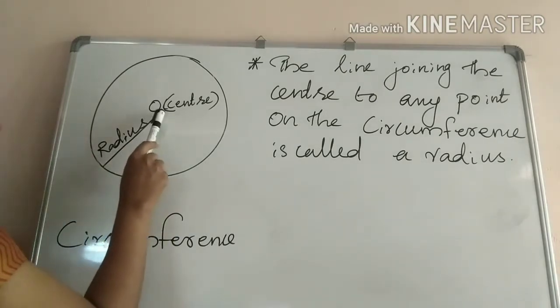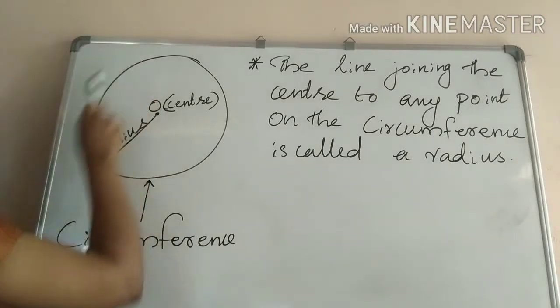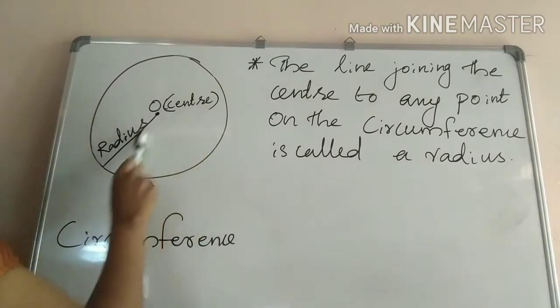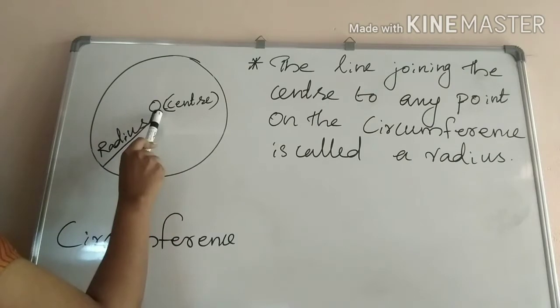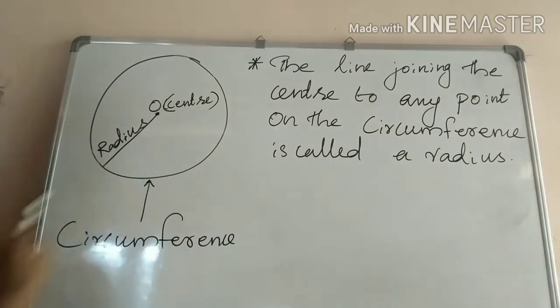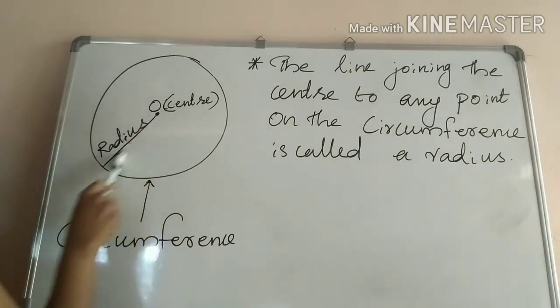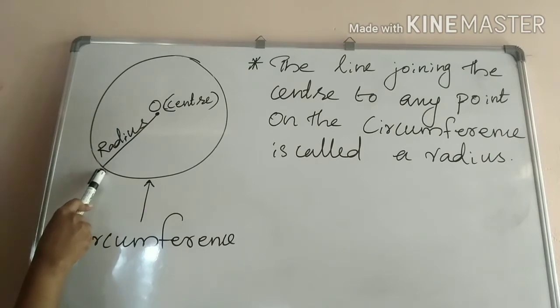The line joining the center to any point on the circumference is called a radius. This distance from the center to any point on the circumference is the radius.